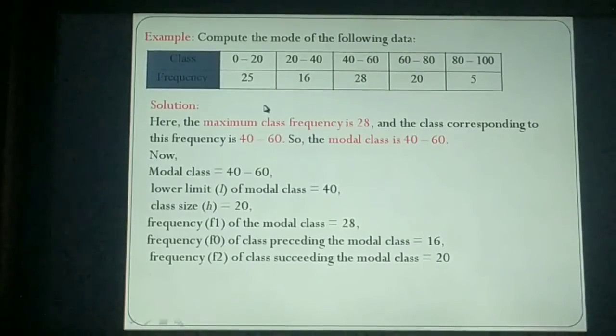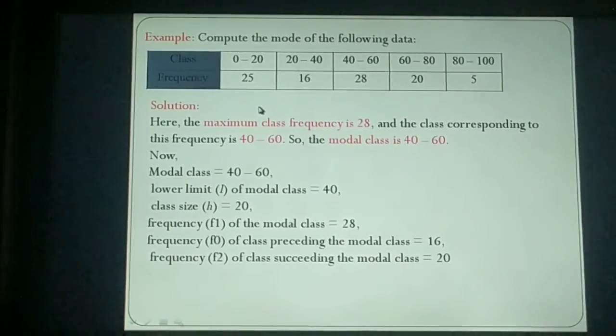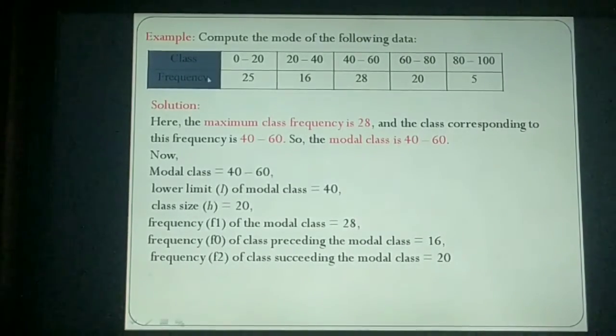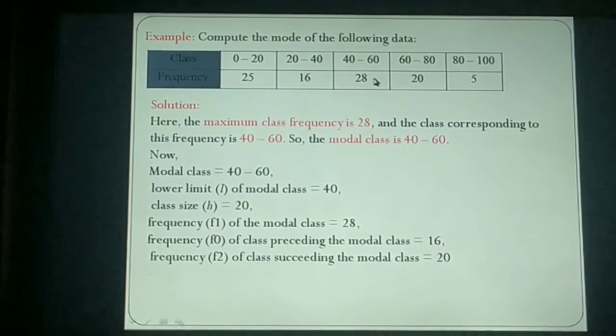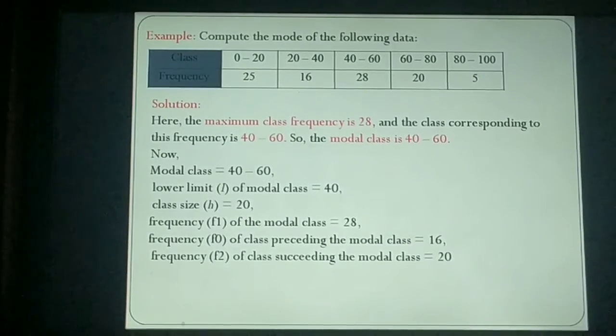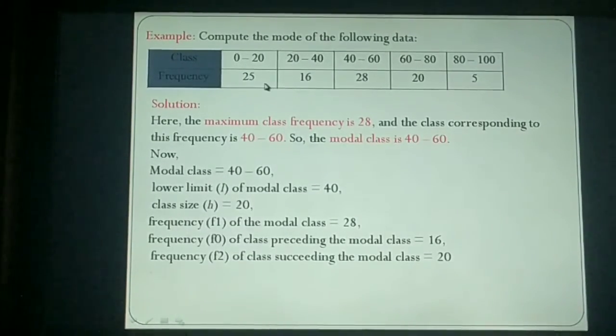Let's see the example. Compute the mode of the following data. Class and frequency are given. So now we find the mode for this data. The frequencies are 25, 16, 28, 20 and 5.